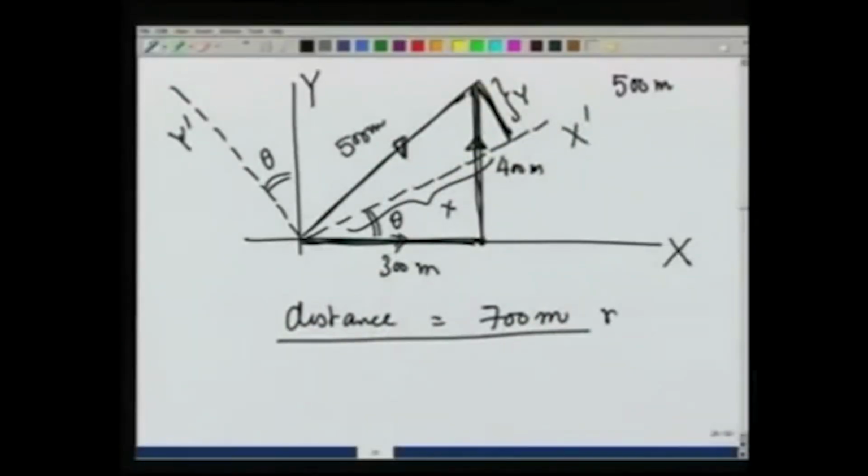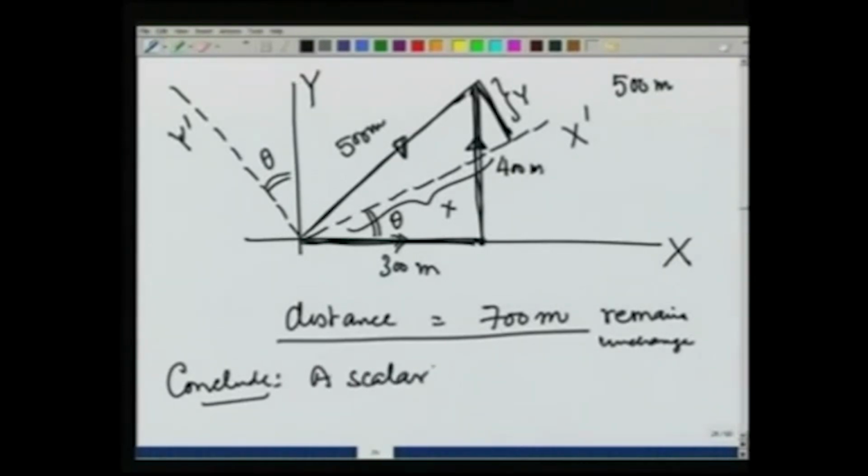On the other hand, the scalar quantity distance remains the same, unchanged. So, what we conclude: a scalar quantity, which is nothing but a number, remains unchanged in the two frames.